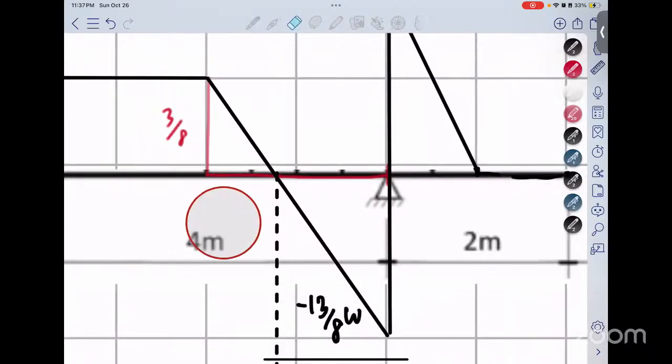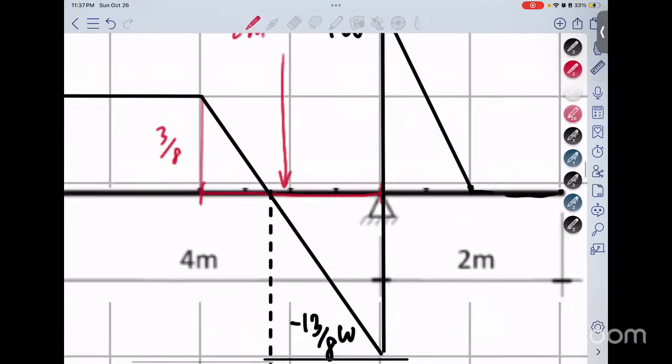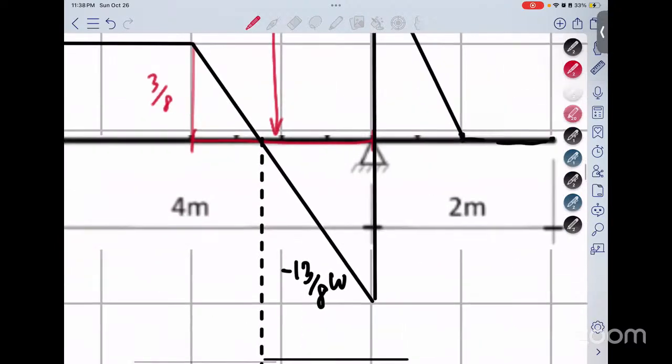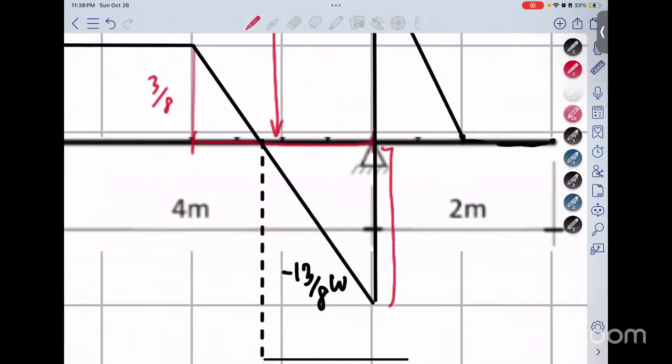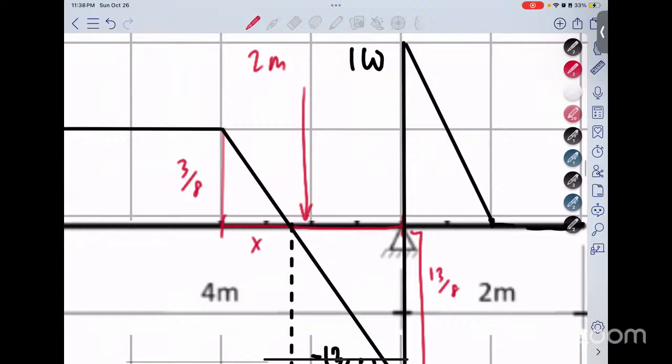Let me just make it clear. So the whole segment is 2 meters. And then, what other info do we have? This height is negative 13/8. Yeah, so the height is just 13/8. We know that these both add up to 2, so I'm just gonna arbitrarily set this one as x, and it follows therefore that this is 2 minus x.